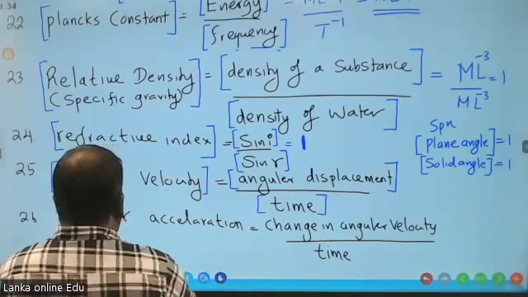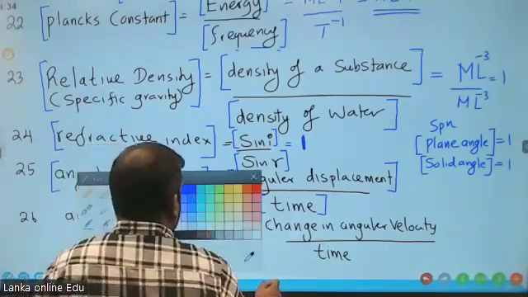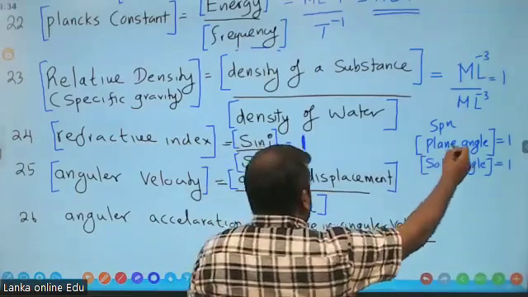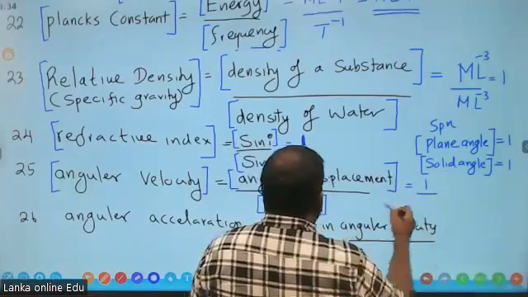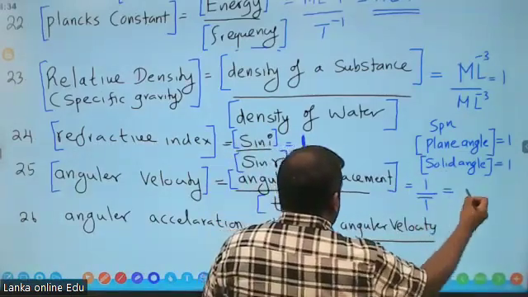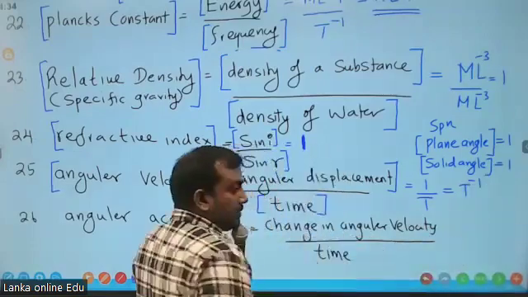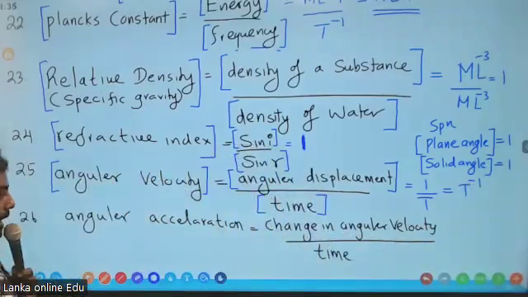Angular velocity: angular displacement is a plane angle, dimensionless. Time is T. Answer is T minus 1.